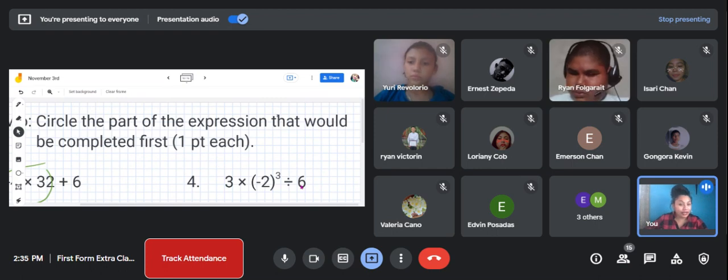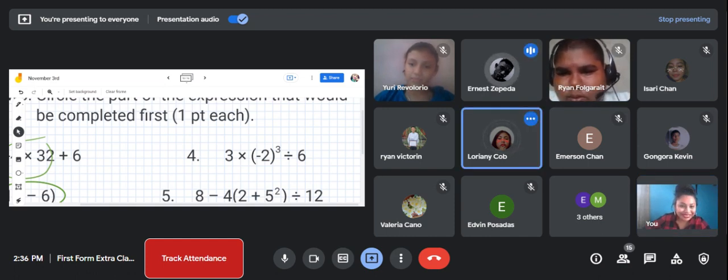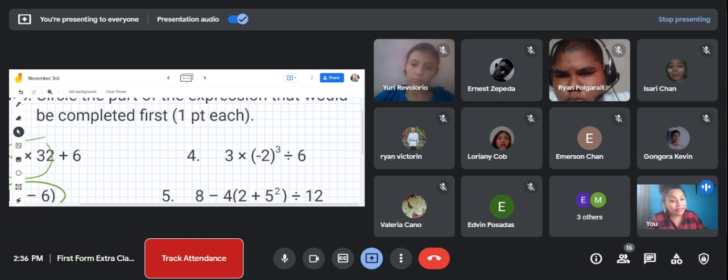Number 4. Look at that question. What are you doing first? 3 times negative 2 to the third power, miss. Oh, all of that first? You're gonna be doing all that big chunk first? No, miss. Negative 2 in parenthesis to the third power, miss. Okay, we have to be careful here.